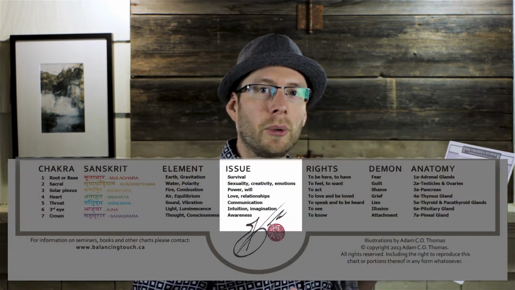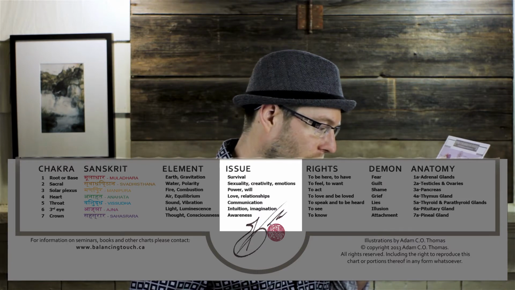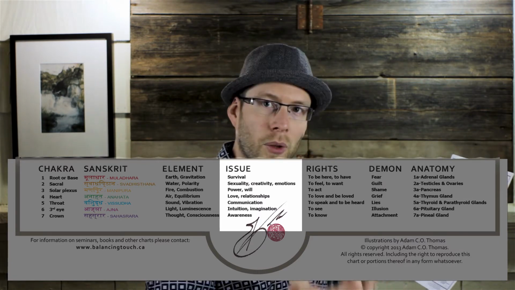And then we have these next 3 columns that are kind of cool. So the issue: if a person's having an issue with the root chakra, for example, then the issue has to do with survival, right? So it's just one word type of things, and of course there's a lot more to the chakra system. It's its own study, but this gives you a place to start, right? And then it has a right here, right?